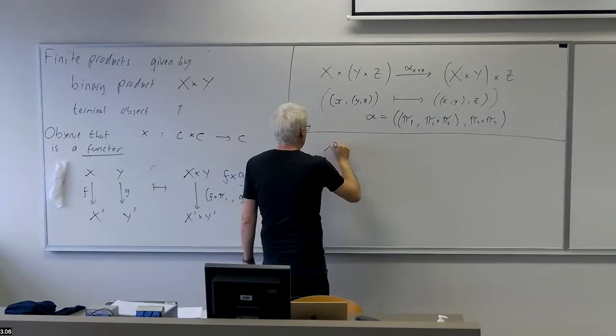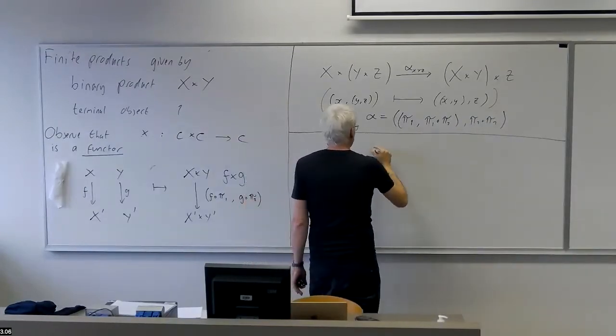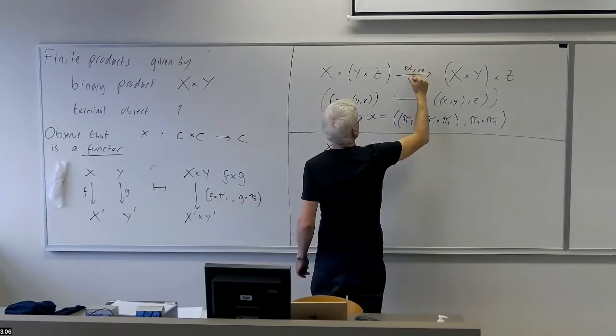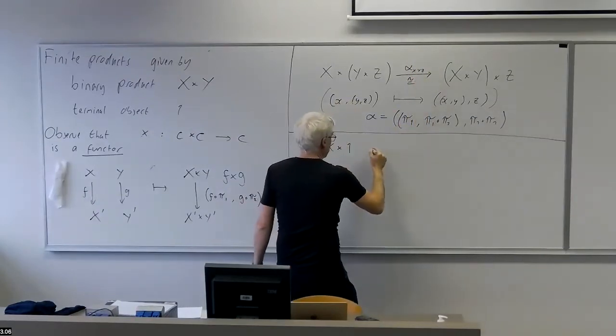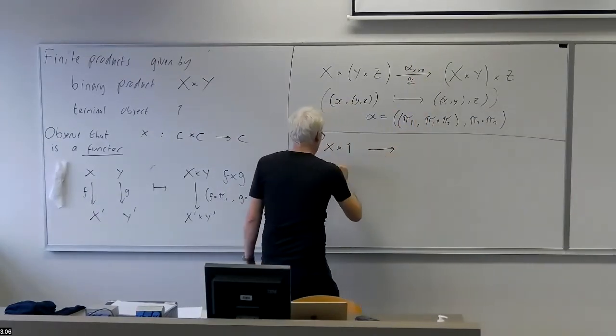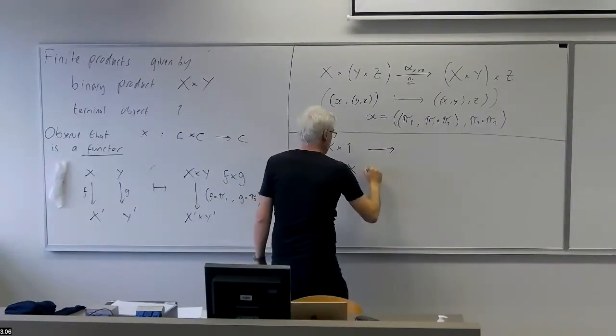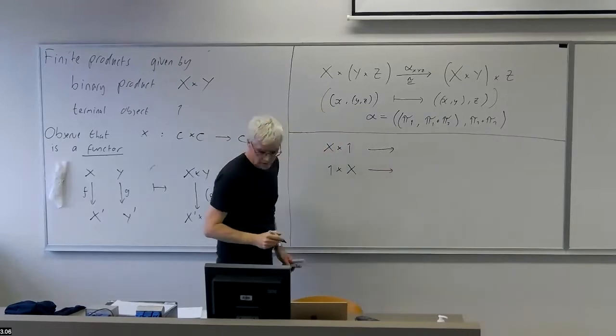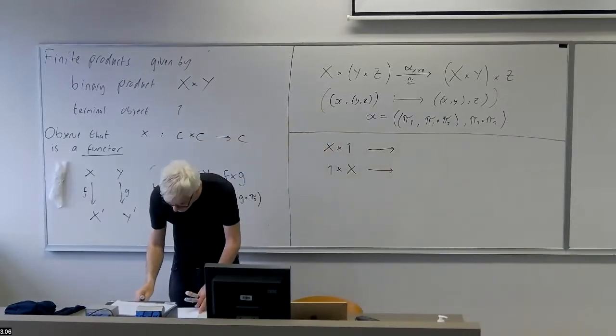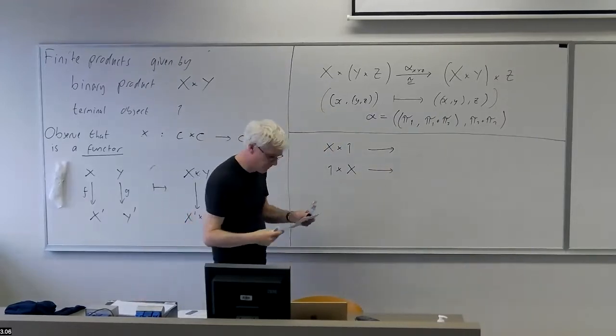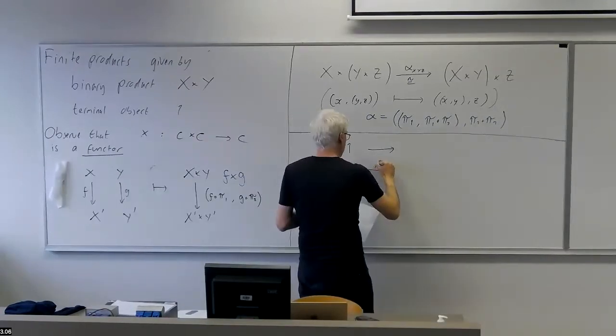So again, we have maps, and this is an isomorphism. I always forget which way around one uses Greek letters for these.